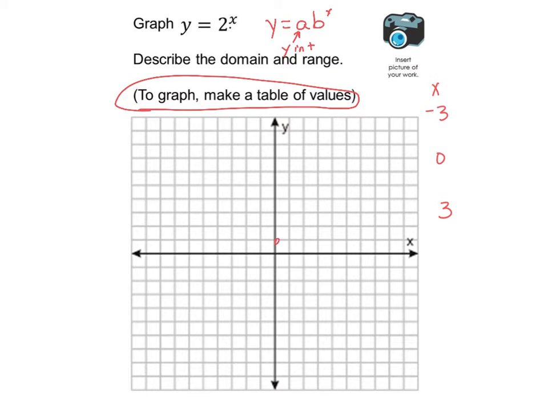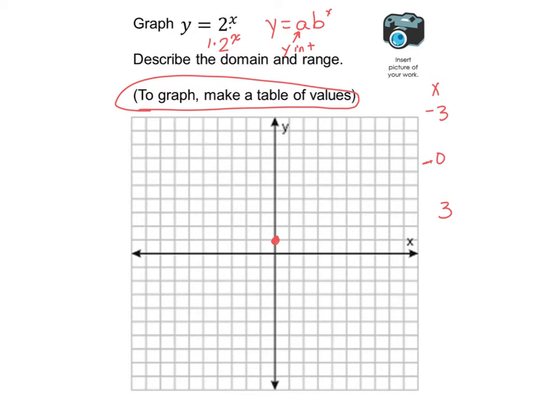So this is where my y-intercept is because my a is 1. That is 1 times 2 to the x power. When it's not there, it is 1. Okay, so when I do my chart, that should coincide with my y-intercept because I have it here.